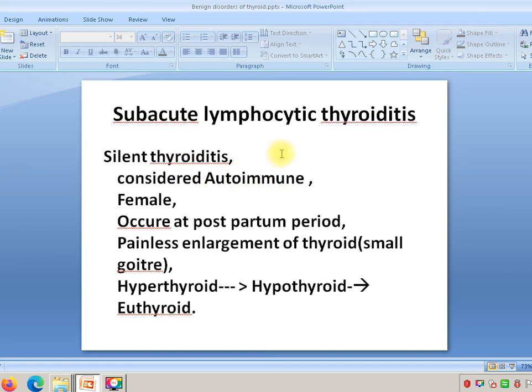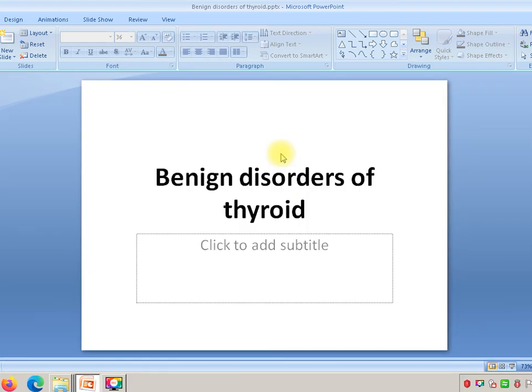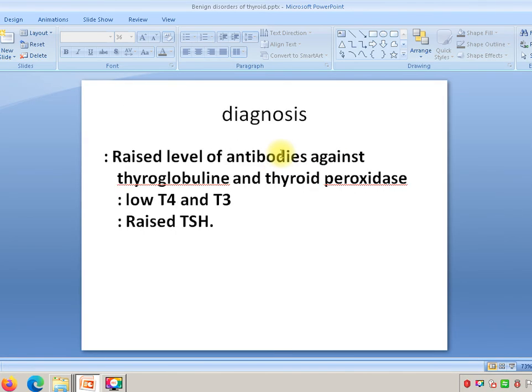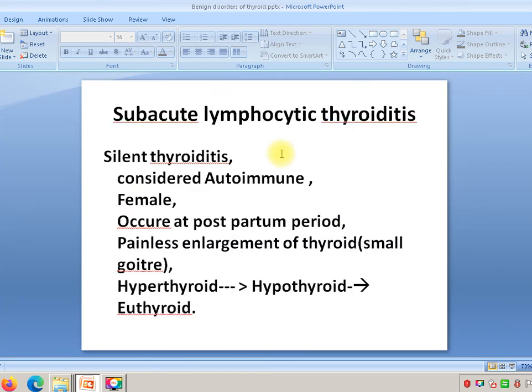Whenever it is taken as autoimmune, then the patient is unlikely to have pain; pain will be absent. That is the thing. Then it occurs mainly in females at the postpartum period, and there is painless enlargement of the thyroid, a small goiter.